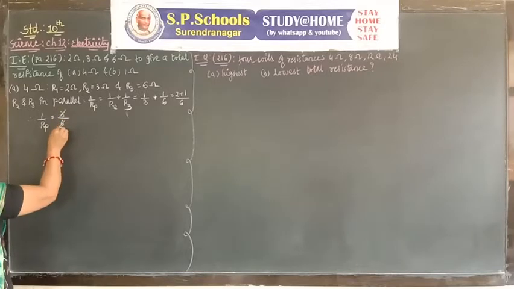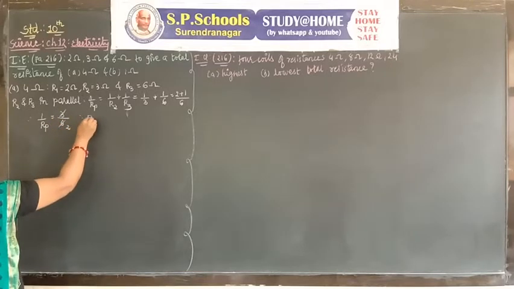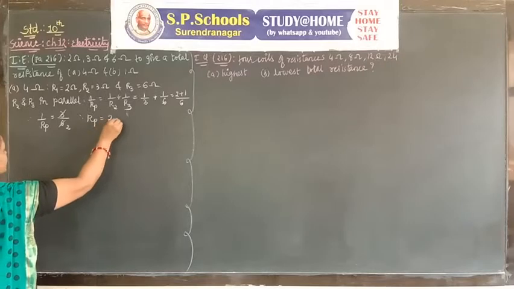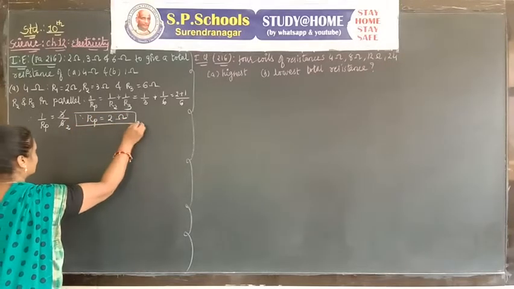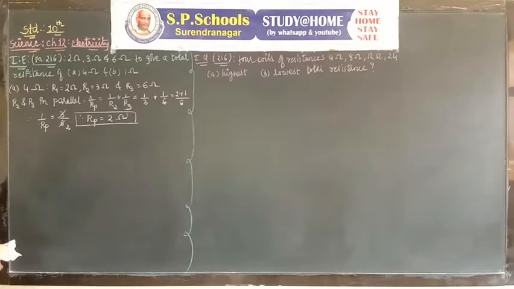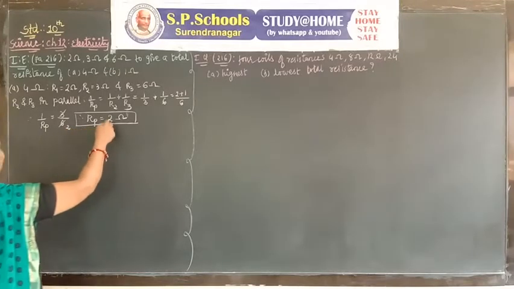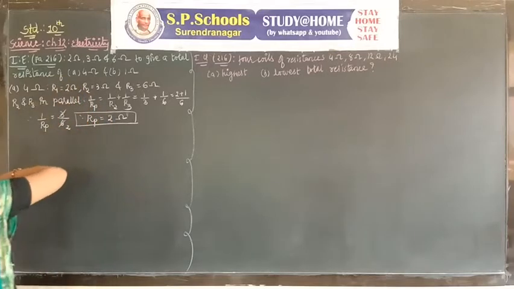So Rp is 2 ohm. Now we want 4 ohm, and Rp is 2 ohm and R1 is 2 ohm. So we easily arrange them in series and get 4 ohm.